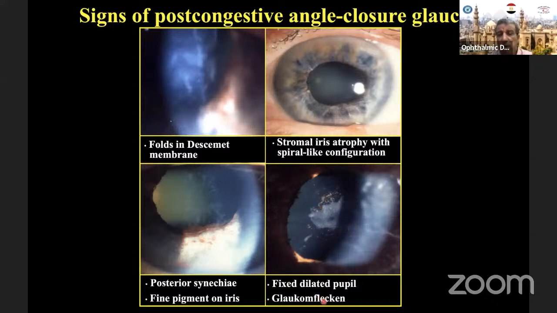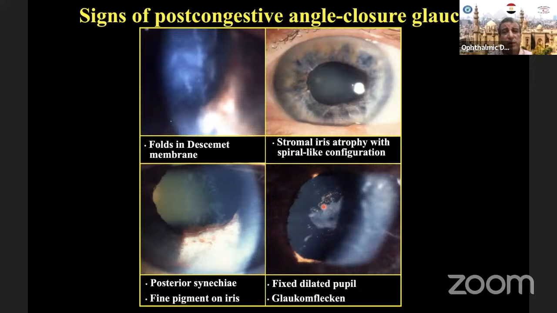We call it glaucomflecken, and also with repeated attacks of angle closure and repeated attacks of ischemia, there is damage to the dilator and constrictor pupillae muscles, and you see a dilated fixed pupil. So these are the signs of post-congestive angle closure glaucoma, and it is treated accordingly.